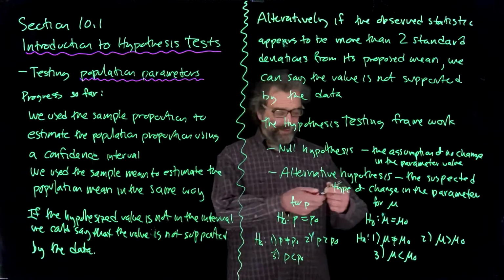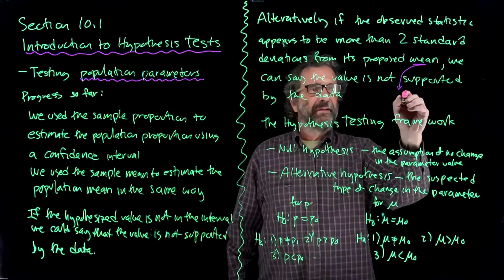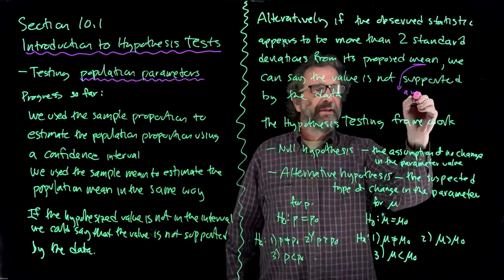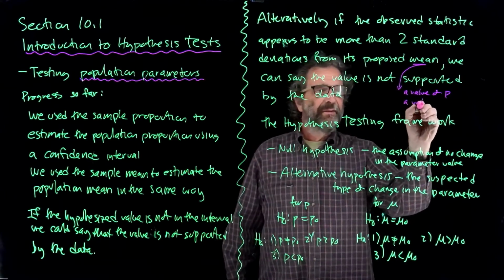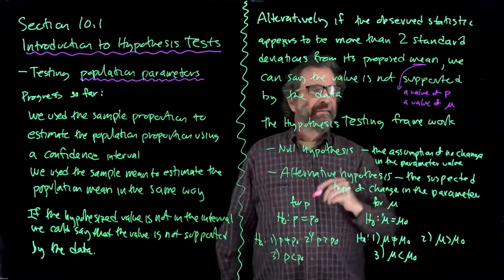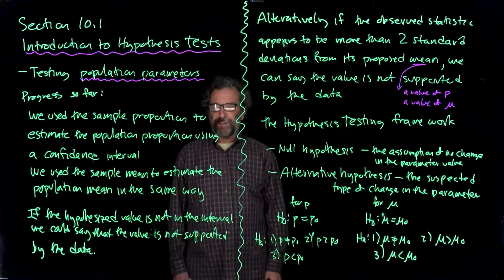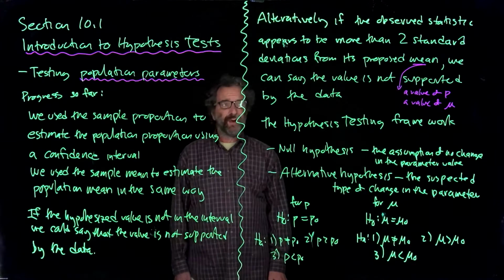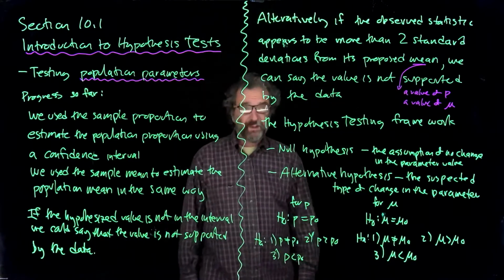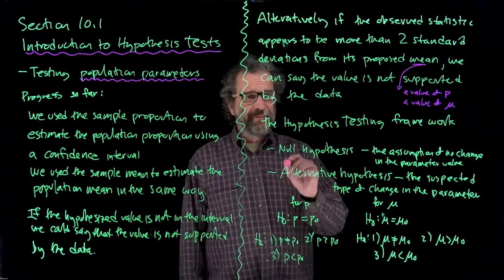So this proposed mean would be a value of p if you're looking at proportions, or a value of mu if you're looking at means. So the statistics we're using, the sample proportion and the sample mean, are centered on the true value. And so if they're far away from a value, that value is probably not the true value. That's the idea.